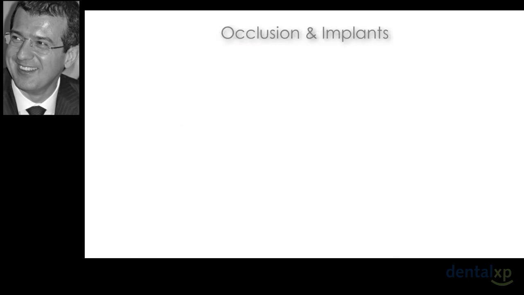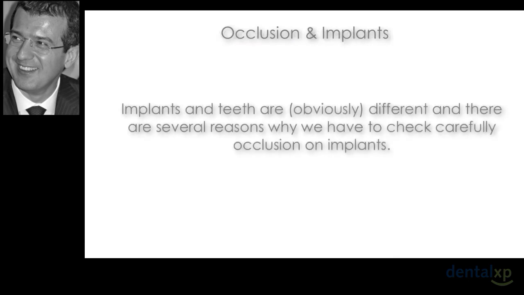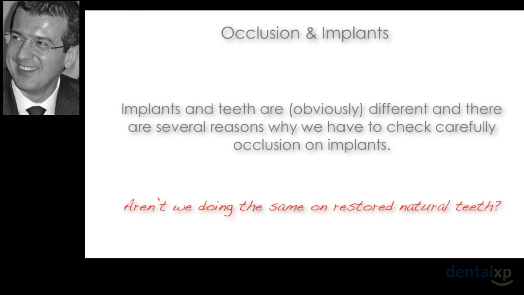So when we talk about occlusion, implants and teeth are obviously different, and there are several reasons why we have to check carefully occlusion on implants. You cannot leave the occlusion on your implants not carefully checked. But aren't we doing the same on restored natural teeth? Aren't we checking the occlusion on our crowns on teeth?